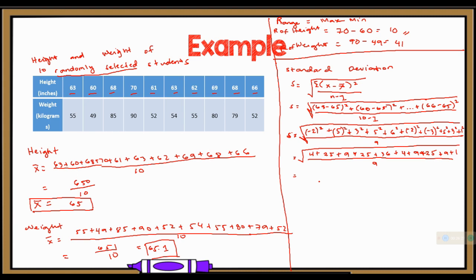Okay, now let's get the sum. Get your calculators, please. 4 plus 25 plus 9 plus 25 plus 36 plus 4 plus 9 plus 25 plus another 9 plus 1, and 2, 4, 6, 8, 10. Tama. We have here 147. So the square root of 147 divided by 9. 147 divided by 9.